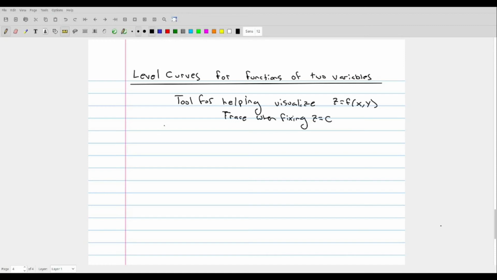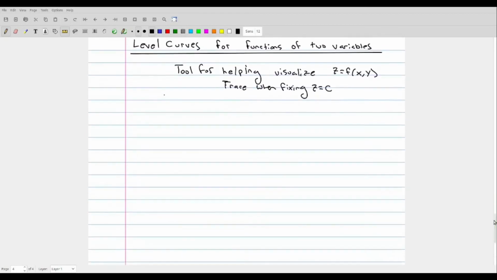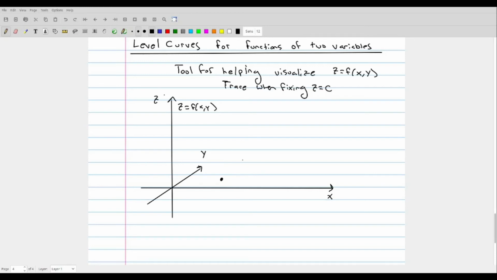And the picture that you want to have in your mind when you're thinking of this is the following. We've seen that a function of two variables, or a function of x and y, can be visualized by looking at the graph of the function, which in general is going to be a surface over some domain.